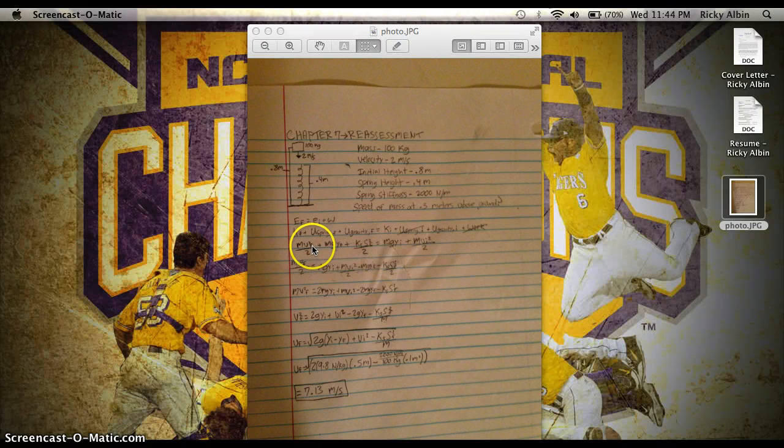What I did here was get everything on the other side except for m v squared final over 2, because I'm trying to find v final, vf. So I want that on one side of the equation, and we multiply this side by 2, then divide by m, and take the square root to get rid of all of this except for vf, which brings us straight down here.